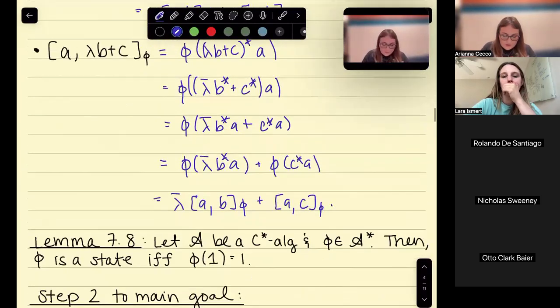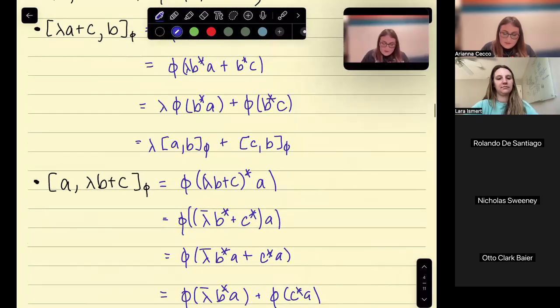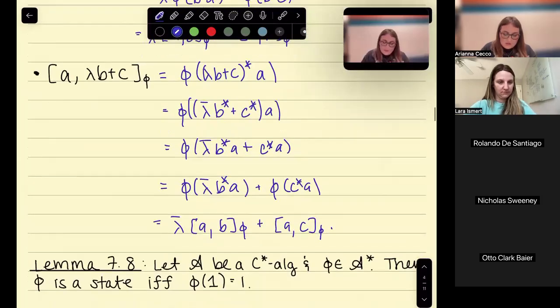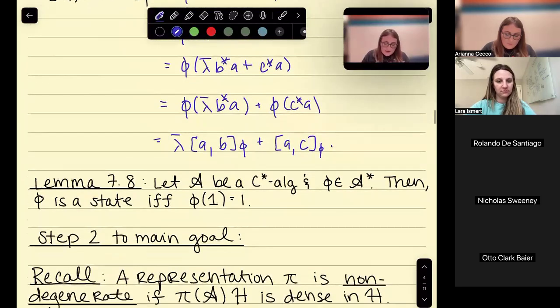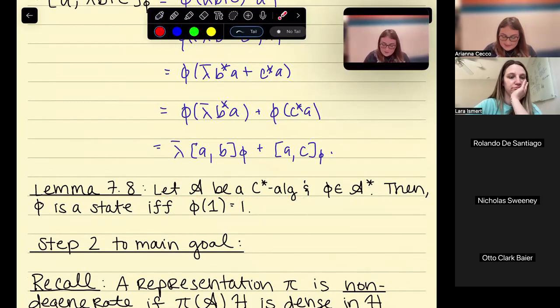We're going to use this again later, but just really fast, we have this lemma 7.8, which I am going to skip the proof of. But I should say the proof is in the notes, so you guys can reference that.